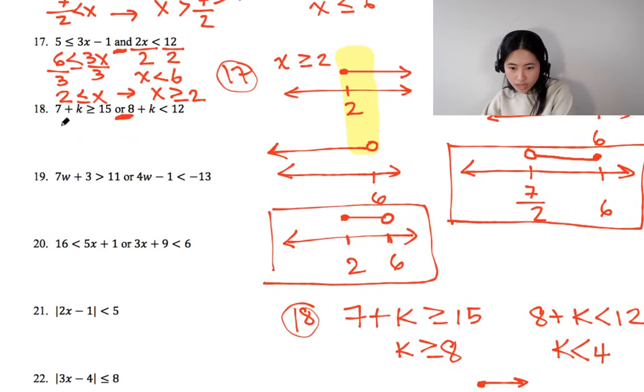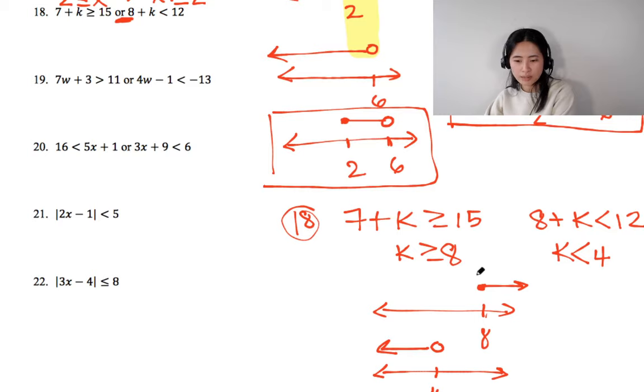For number 18, we're looking at 7 plus k greater than or equal to 15, and 8 plus k, which is less than 12. Can you guys see an overlap within this equation? No, right? And why aren't we looking at the overlap? Because now the question is "or," so you're not supposed to be looking at an overlap.